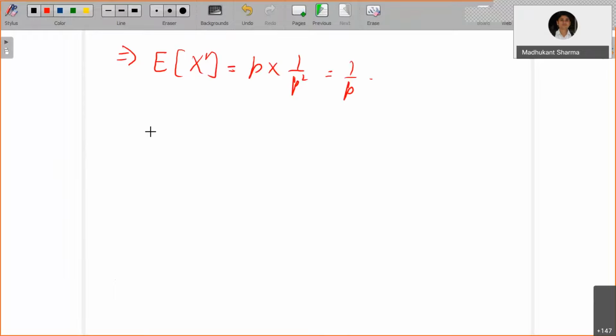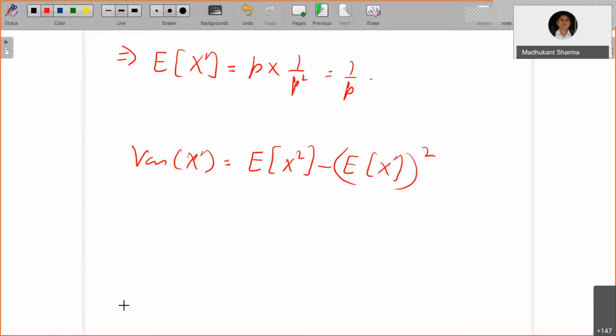Similarly, for variance, you have to find the variance of X, which is expectation of X square minus expectation of X whole square. You can determine expectation of X square in the same fashion. I can leave it as an exercise for you.